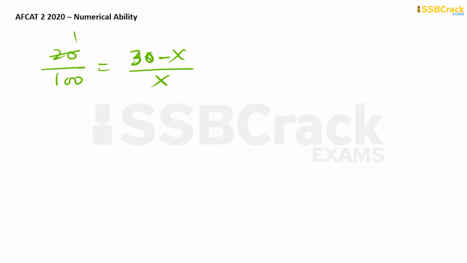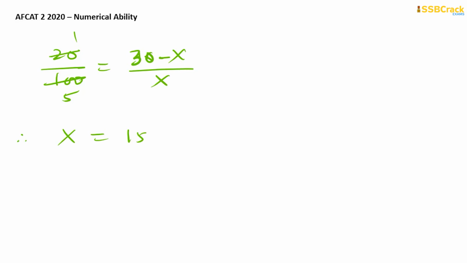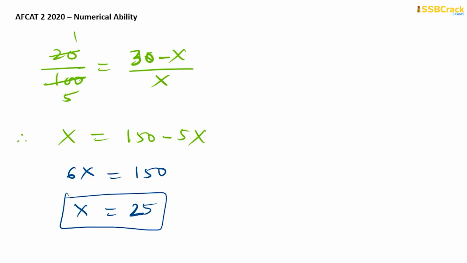So this is 1 by 5, and by cross multiplication X equals 150 minus 5X, we could see. So that will become 6X equals 150, that is X equals 150 by 6, 6 2s are 12, then we have 30, so 6 5s are 30. So we could see that the value of X, that is unknown, is 25.